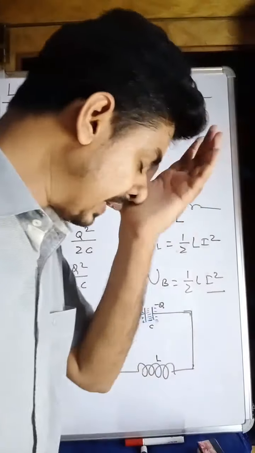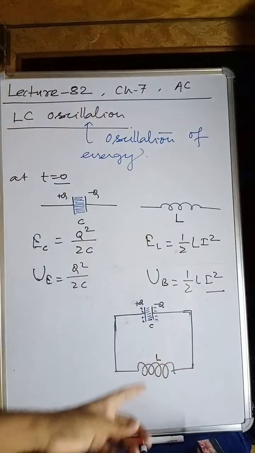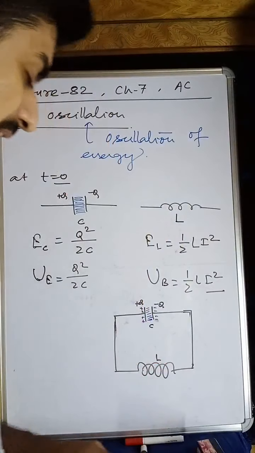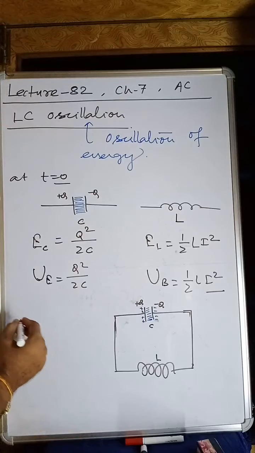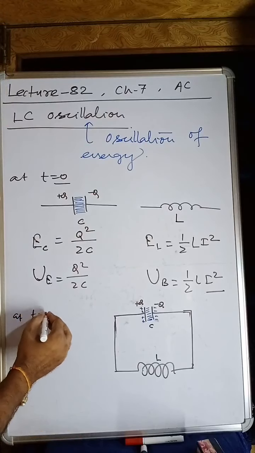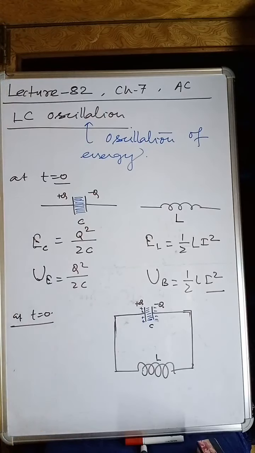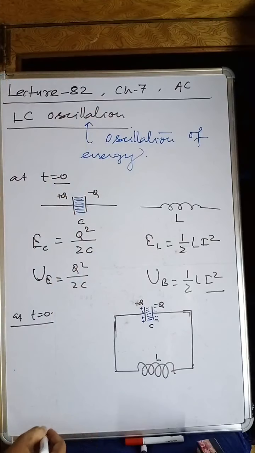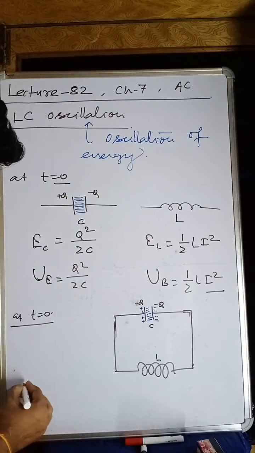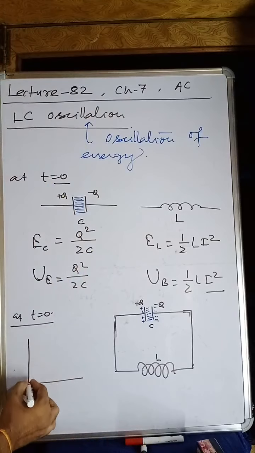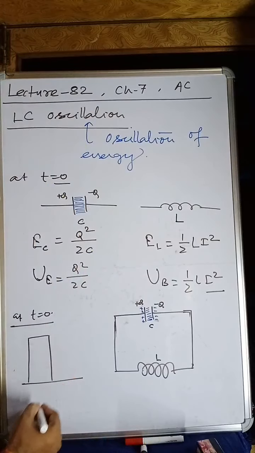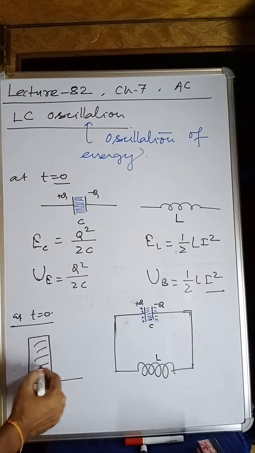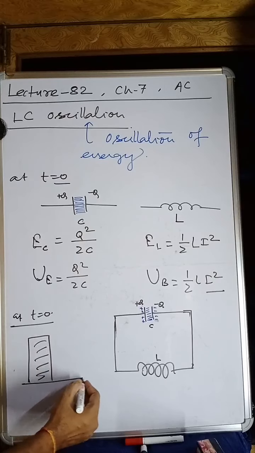To represent the energy, initially the energy is in this capacitor, so at t = 0, we will use an energy diagram. Here, look, the total energy is in the capacitor; this one is the energy level diagram.